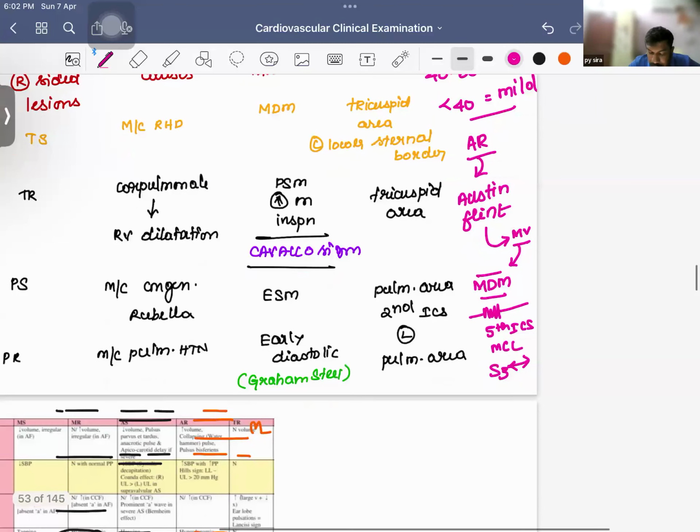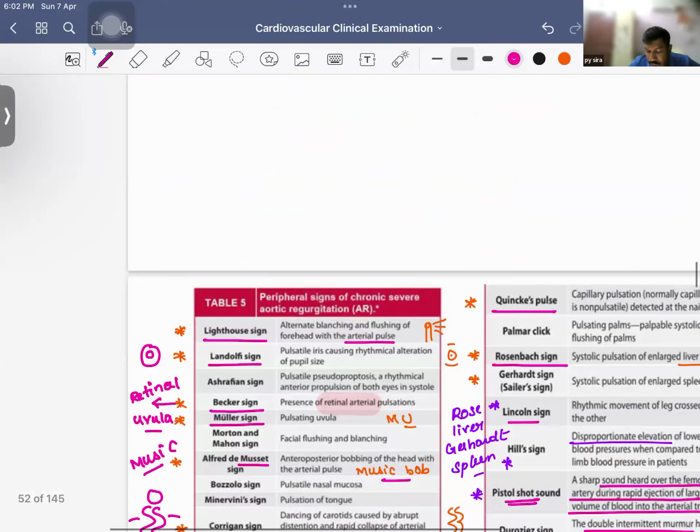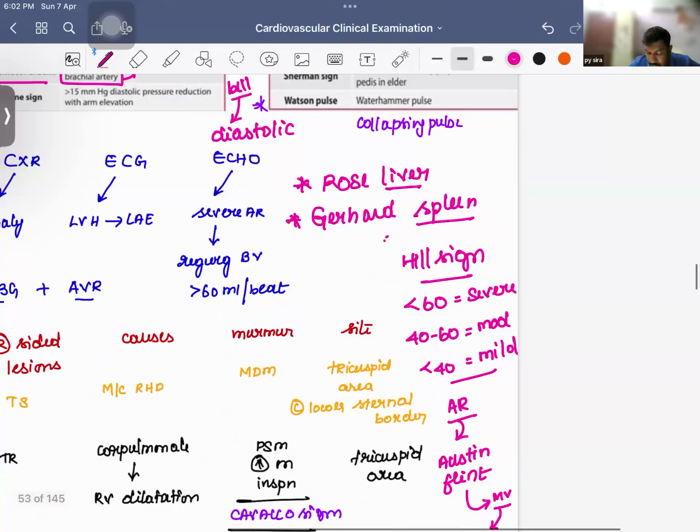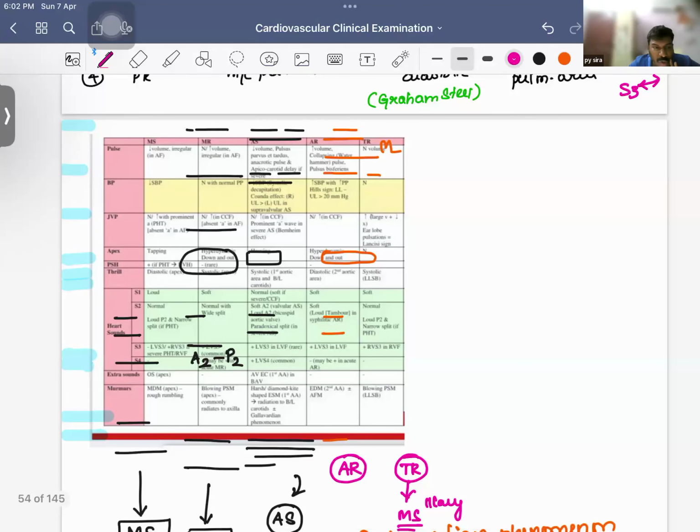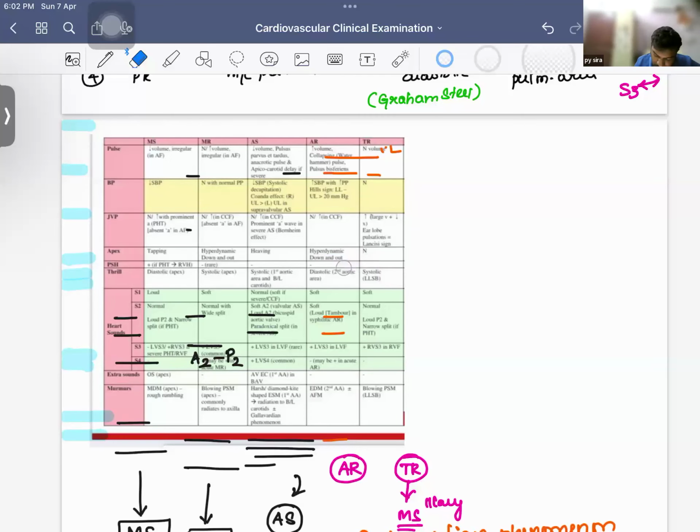So this is about the different characteristics of cardiac diseases. Is there anything specific you want more? I will erase everything here so that it is easy for you to revise.